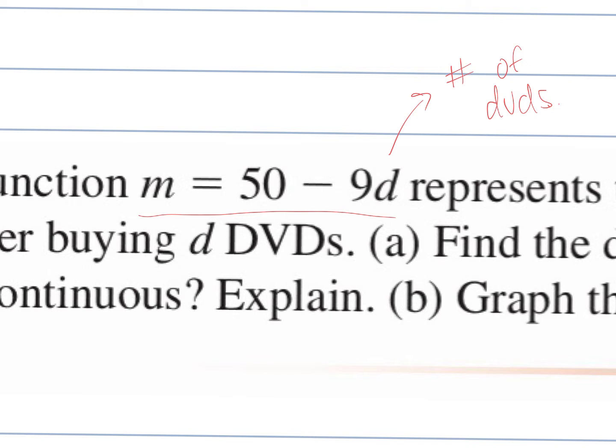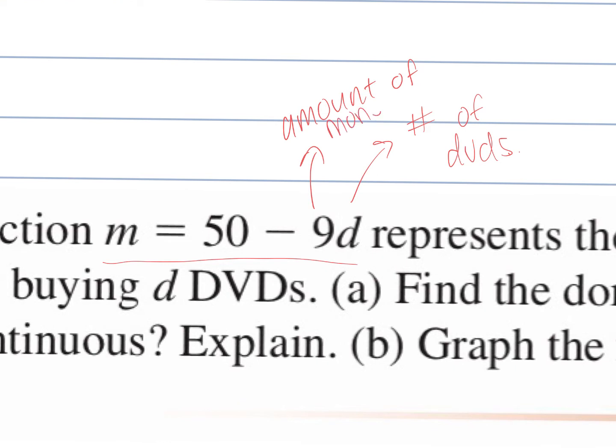If I have D DVDs and I'm multiplying each of them by 9, what does that mean? The amount of money for a DVD. So 9 here is the amount of money for a DVD.